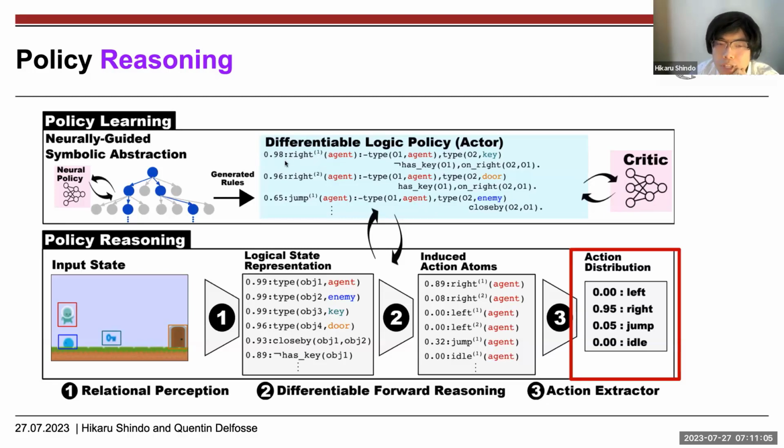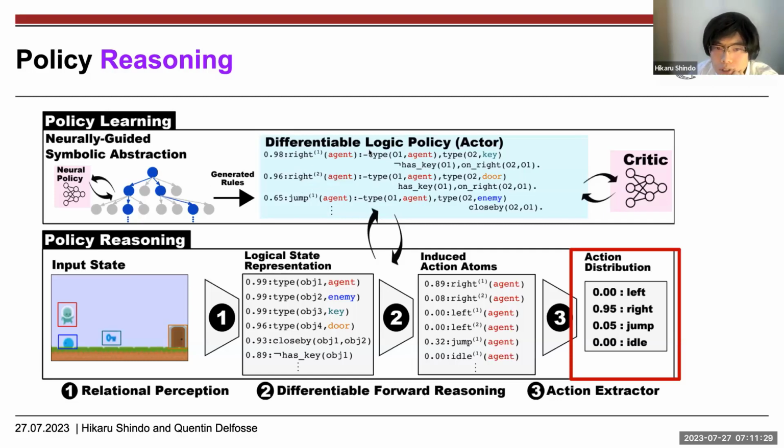And we need these values, the reason we provide these values is that we perform learning on policies. We want to learn which rule is actually promising to compose the policy function for the reinforcement learning agent.